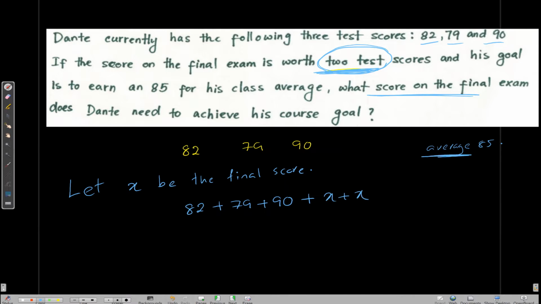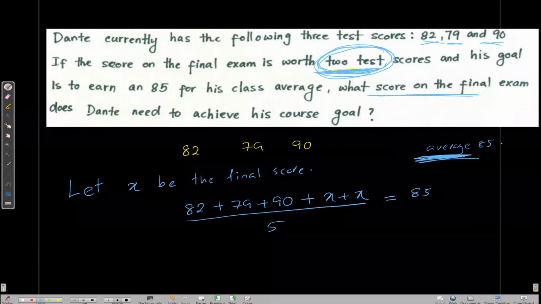Now the average, the mean: when you take the average of a data set, you add the data and divide by the number of data. So here, how many tests do you have? Well, in reality it's 4 tests, but actually it's worth 5 tests, because here are 1, 2, 3, and with these 2. So you divide it by 5 and that must be 85.